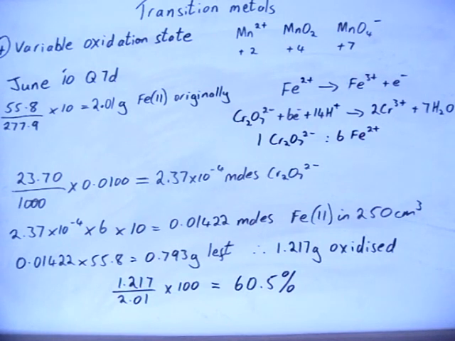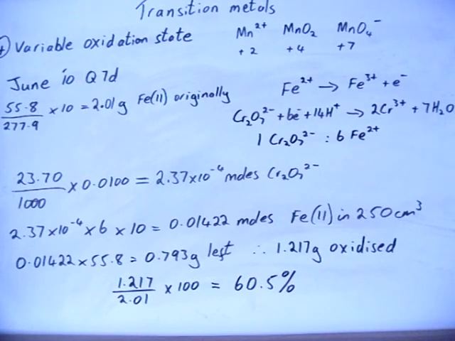So the full question, what's happened is you've got some iron sulfate, you've chucked it into water, you've let it dissolve, and the cap's been left off. Some of the iron 2 has been oxidized to iron 3 by air, and then what you've done is you've taken a sample of the remaining solution and you've basically checked to see how much iron 2 is left by reacting it with the dichromate.